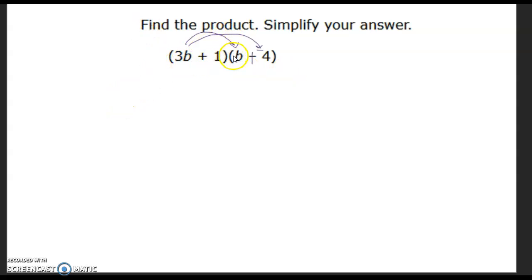Well, 3 times 1 is 3, and then b to the first power times b to the first power is b squared. Plus 3b times negative 4. So let's do the 3 times negative 4, which is negative 12, and then just b. It has no one else to combine to. 1 times b is b, and 1 times negative 4 is negative 4.